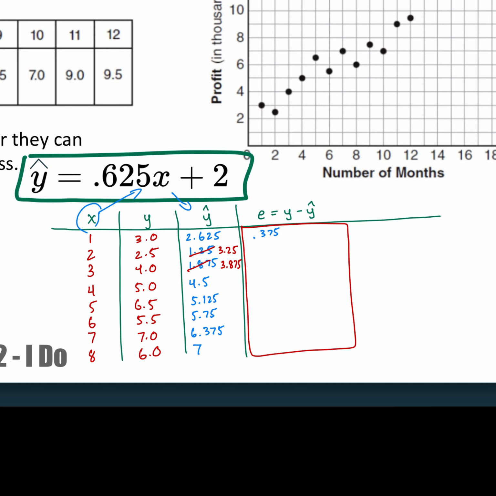And then keep going. So, again, we got these values by plugging x into our line of best fit, and then we got our residual values by taking the actual and subtracting the predicted.